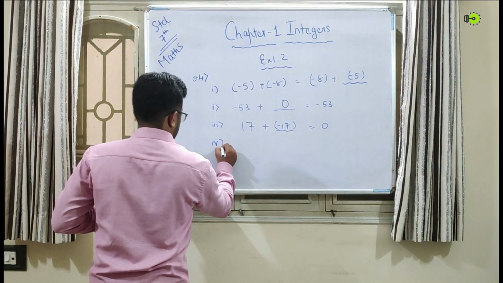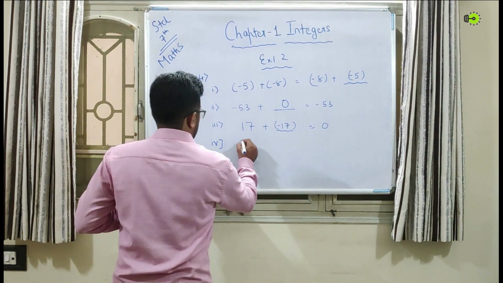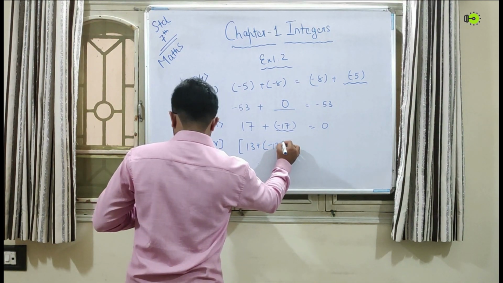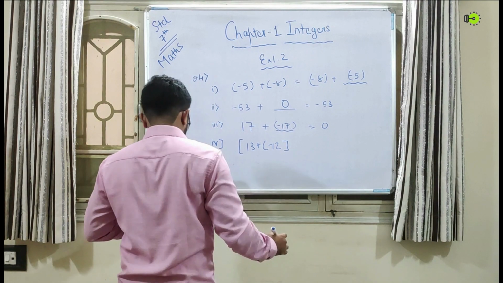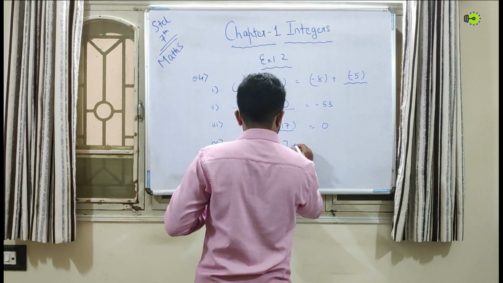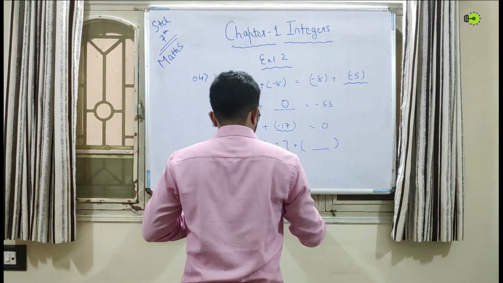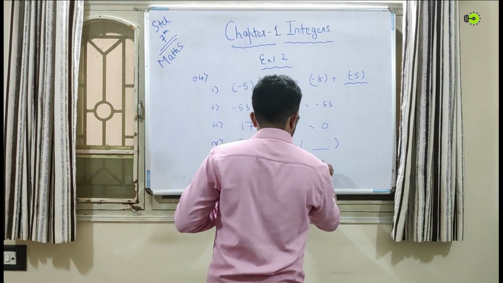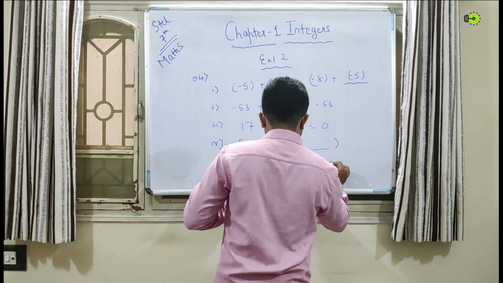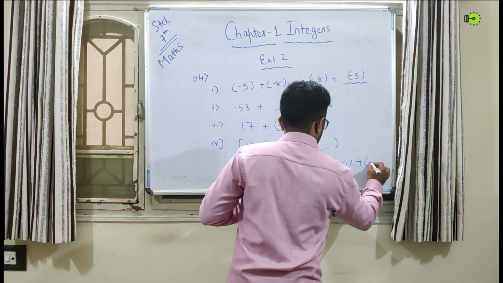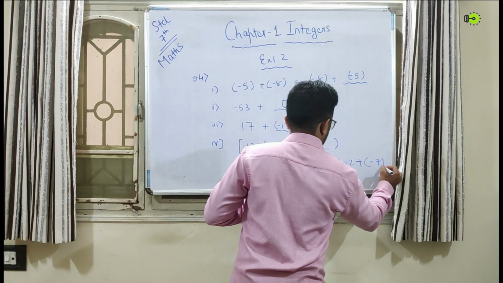Fourth, 13 plus minus 12 plus dash is equal to 13 plus minus 12 plus minus 7.